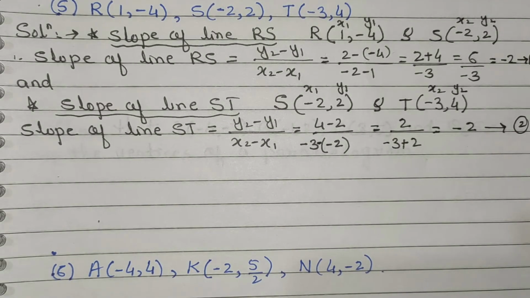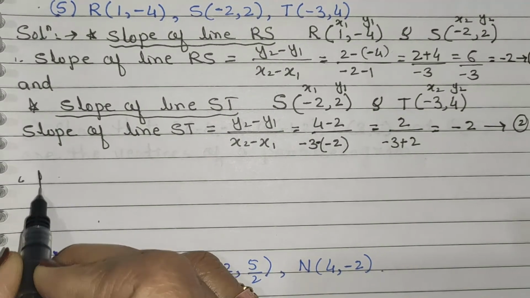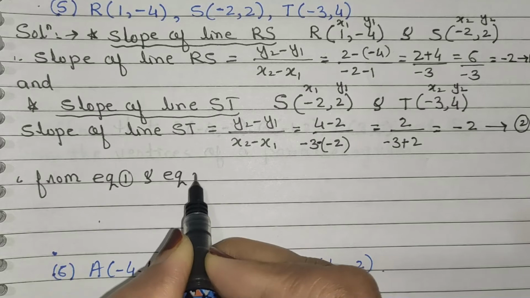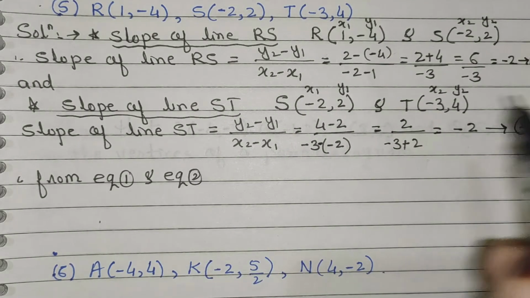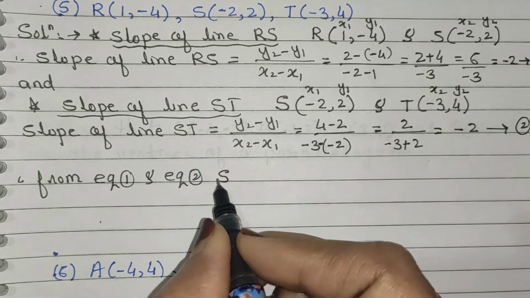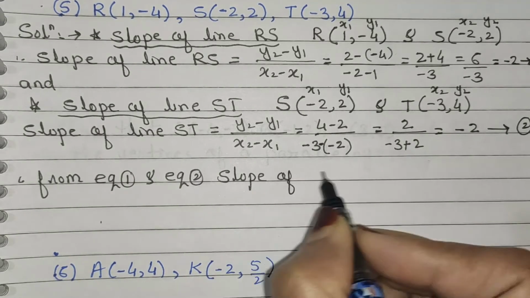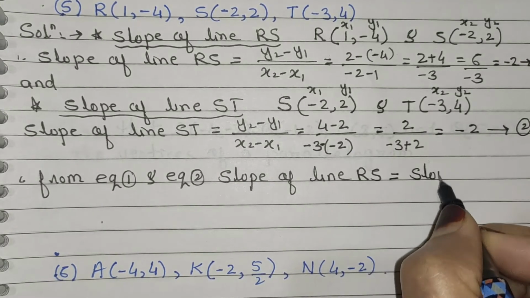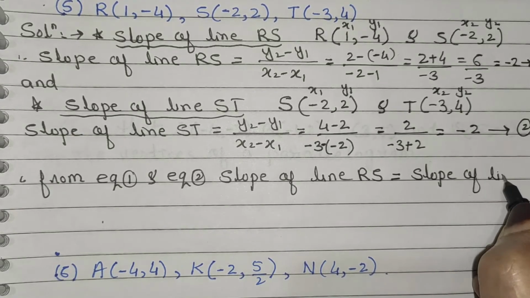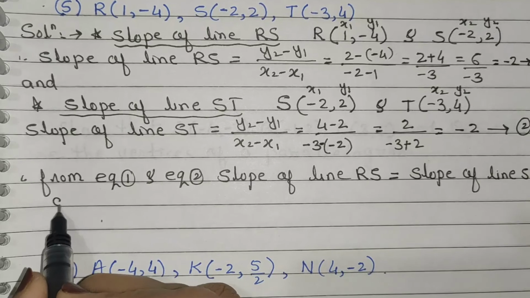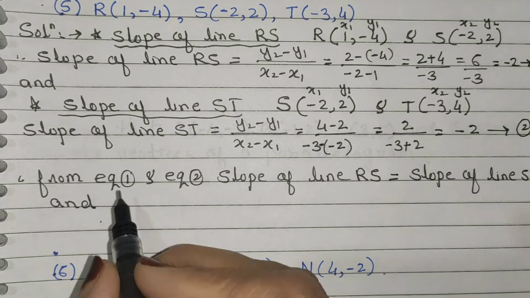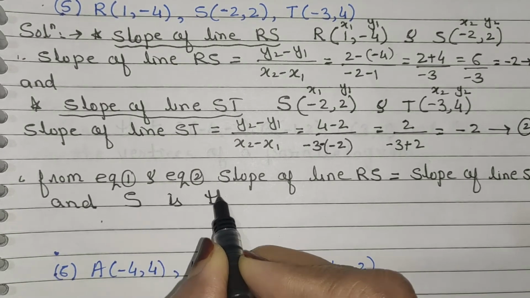Now look here, in both the equations we get -2, therefore from equation 1 and equation 2 right hand sides are equal, therefore their left hand side is also equal. Write down here, slope of line RS is equal to slope of line ST. And look here, RS, ST means S is the common point.